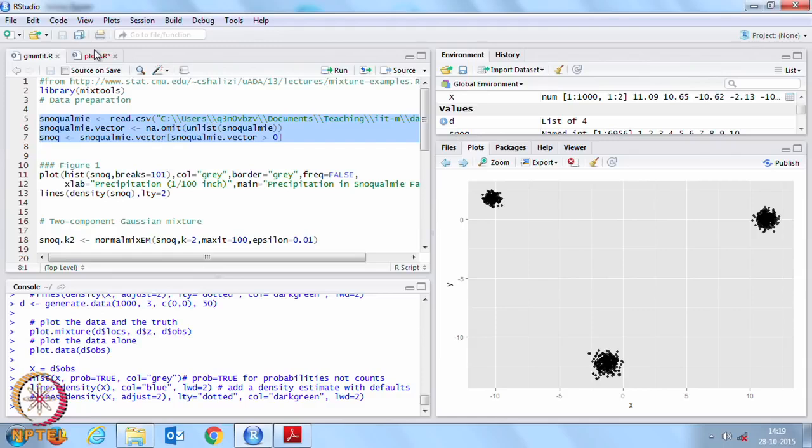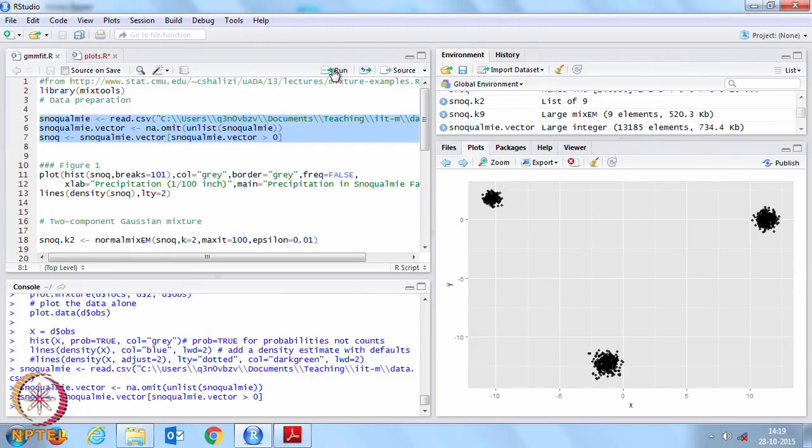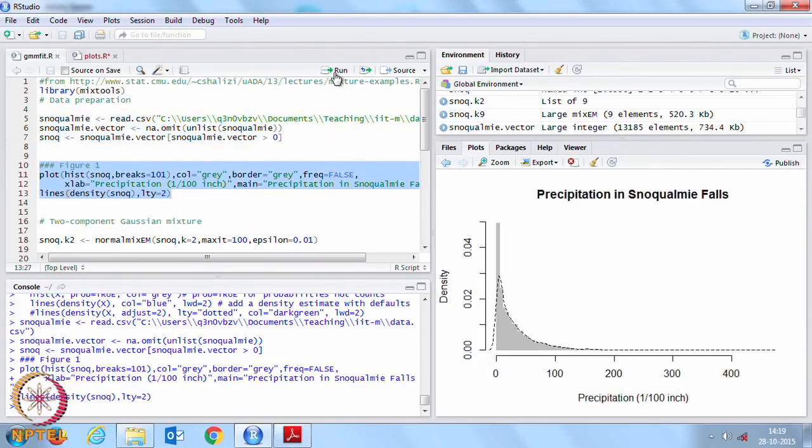I got this from the web. So here is the fitted density curve for some data set which records precipitation in some falls, I can't pronounce it well, Snoqualmie Falls.